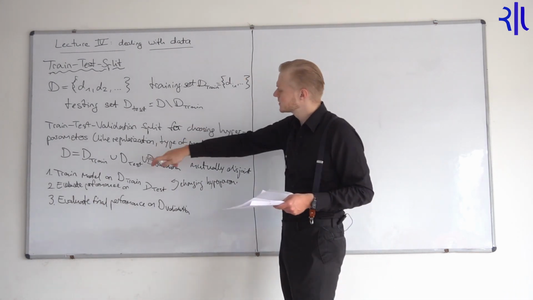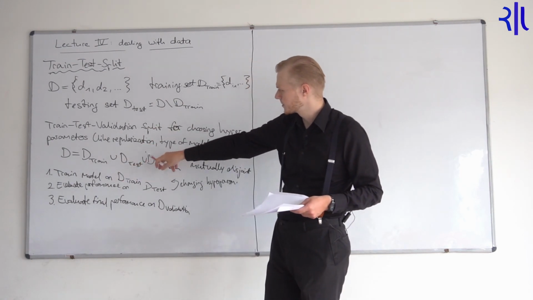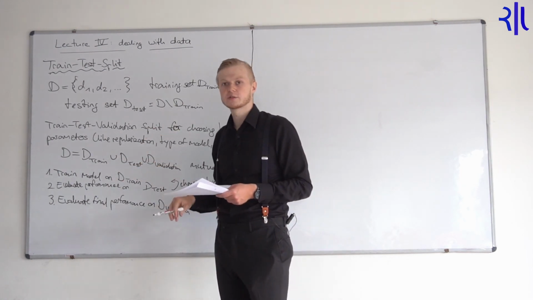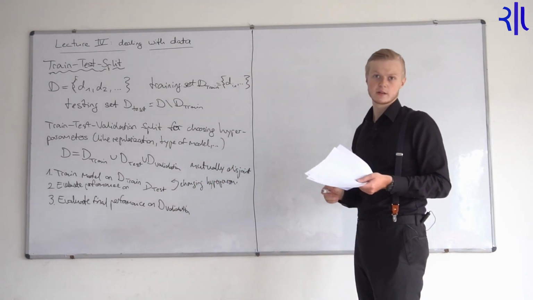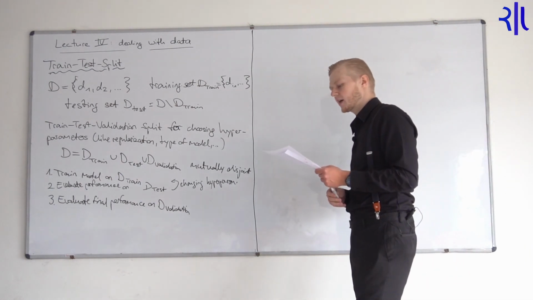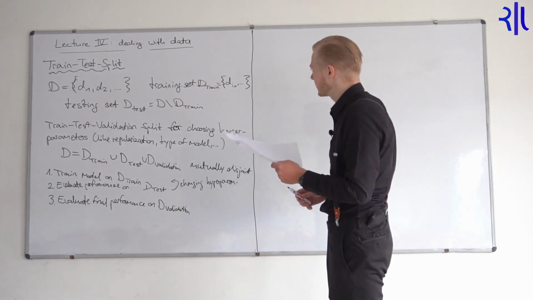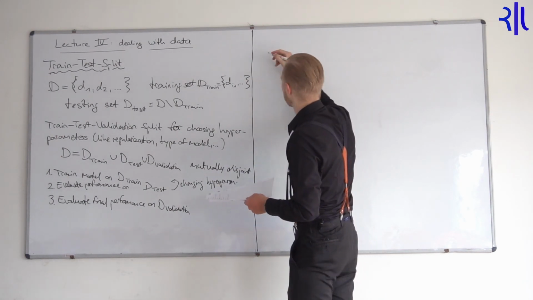And just picking 70% for training and 20% for testing and 10% for validation can be data inefficient. If you don't have a lot of data, this is not a good way to do it. And instead, you might be doing something that is called k-fold cross-validation, which is a version of that.